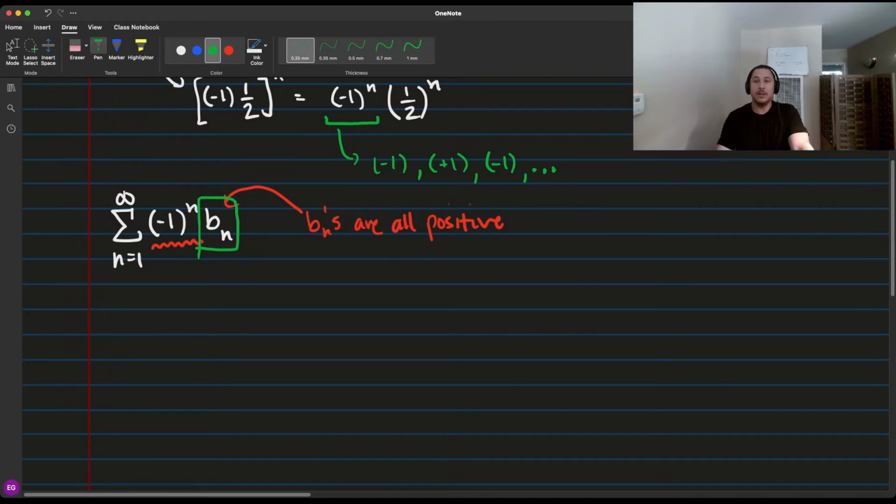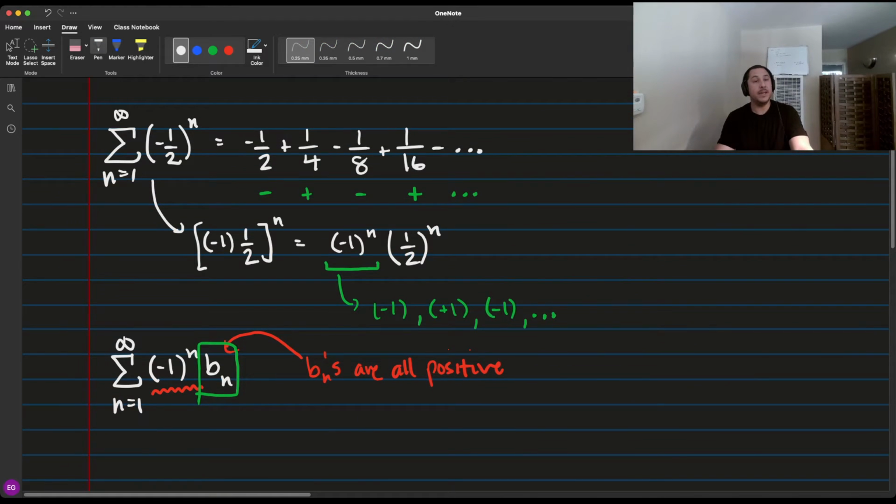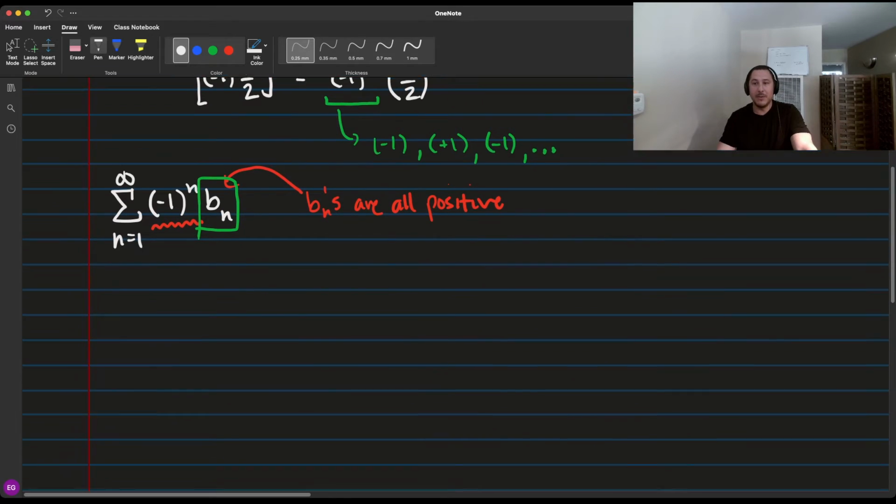Now, you have to be a little careful about this, because maybe your alternating series starts off with a negative and then goes negative, positive, negative, positive. Or maybe your alternating series starts off with a positive and then goes positive, negative, positive, negative. That gets a little confusing to deal with, right? So we need to talk about when that happens.